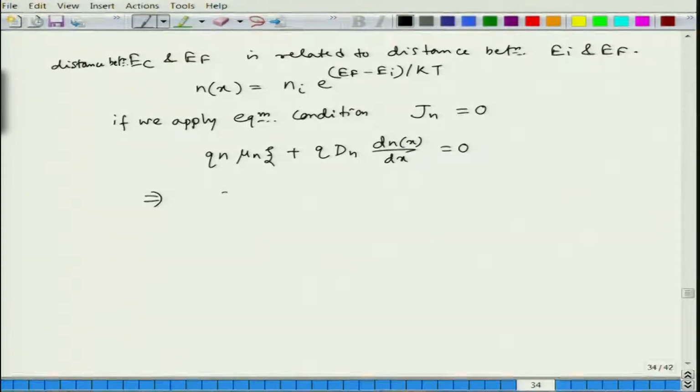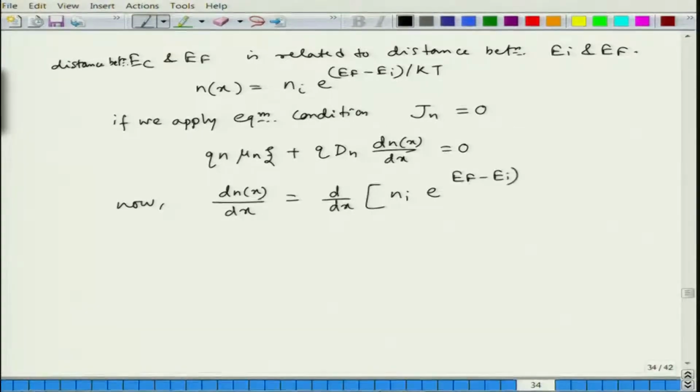So, dn(x)/dx, now, we can write it in terms of (EF minus EI) by kT.